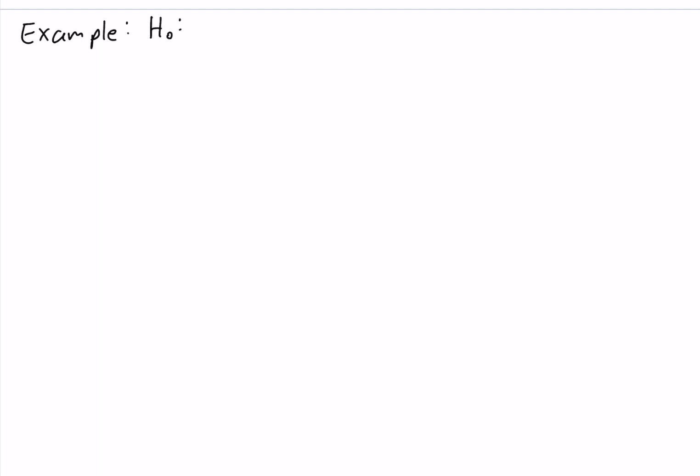The example we're going to look at in our lower tail test is mu is greater than or equal to 20 in the null hypothesis, and mu is less than 20 in the alternative. So our mu naught here is 20.